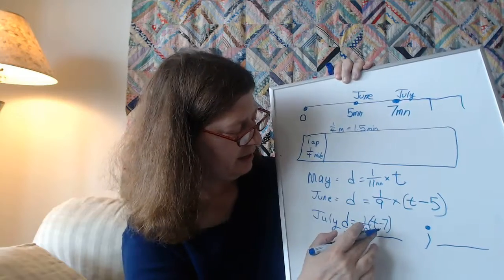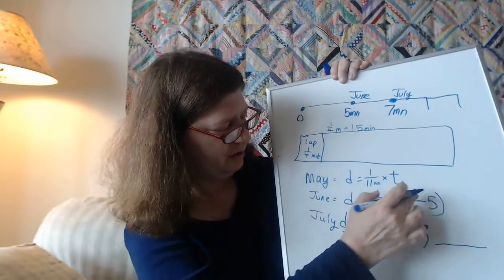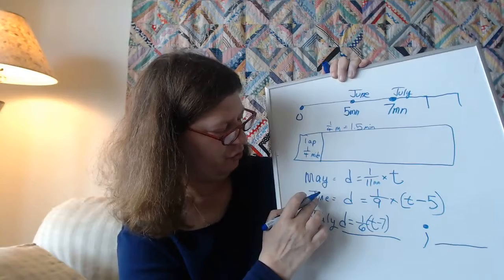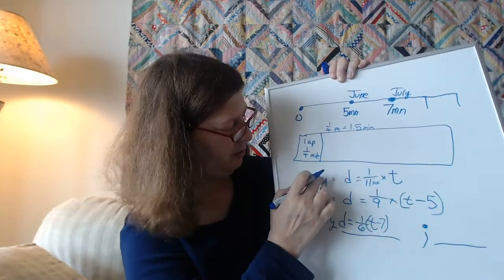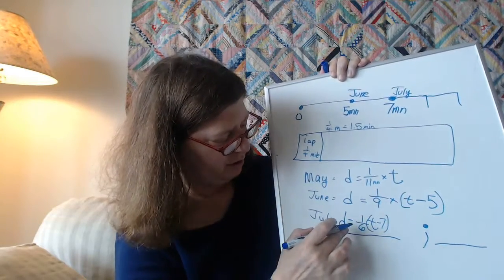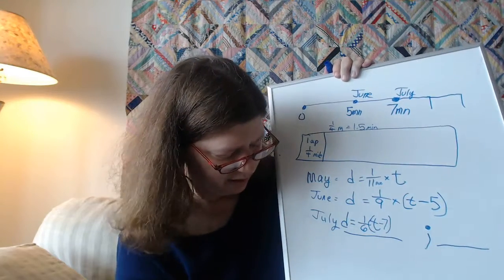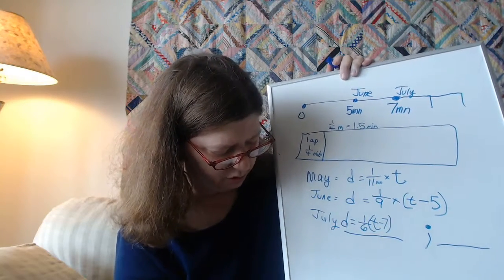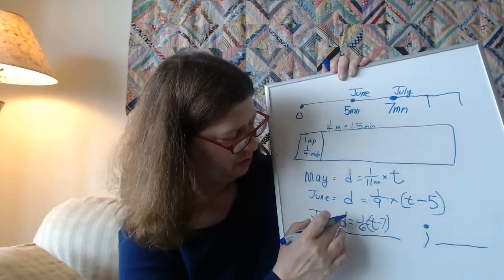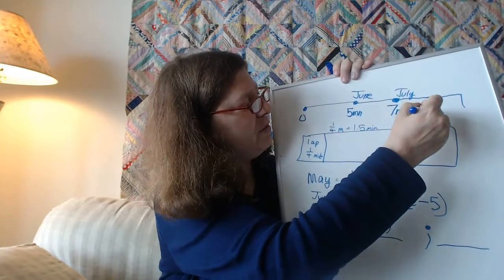T minus 7 because it's 2 more minutes that she was idle than June, who was 5 more minutes idle than May, right? So 1/6, but the answer key tells us that this first lap goes to minute 13.